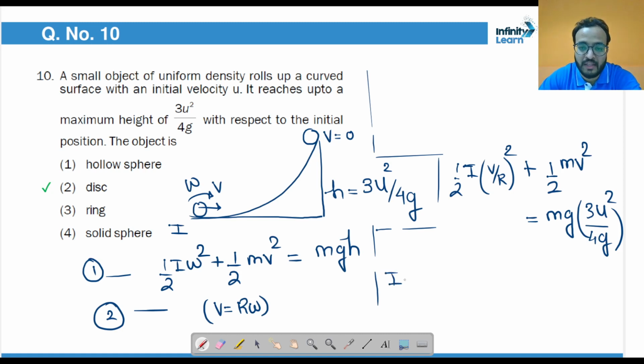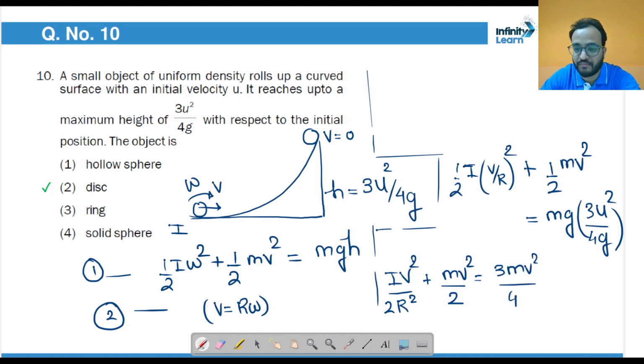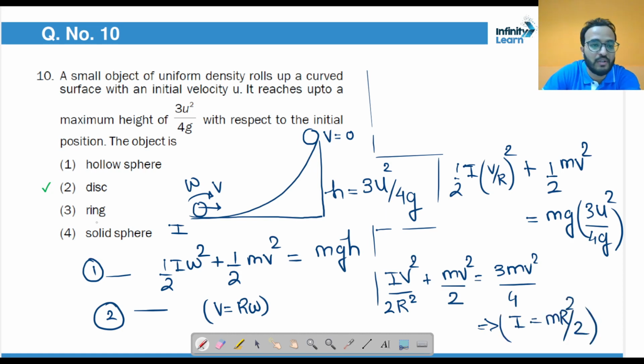You will get I V square by R square, 2R square plus MV square by 2 is equal to 3MV square by 4, right? So on solving this, you will get I is MR square by 2, and hence we can call it a disk. Got it? Clear everyone?